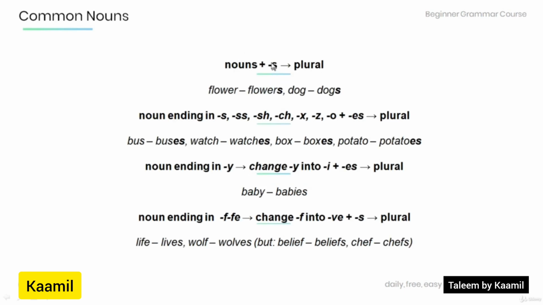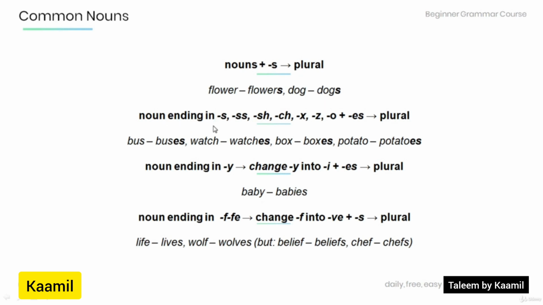Now, when we add s to a noun, it becomes more than one or plural. For example, flower, flowers, dog, dogs.